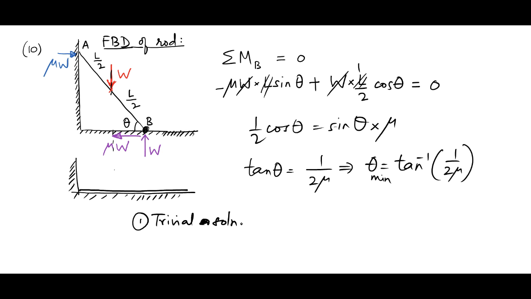In fact, we have assumed that the value of theta which is asked corresponds to a situation where point B is the only point of contact of the ladder, of the rod, with the ground, and similarly point A is the unique point of contact of the rod with the wall. There are only 2 points of contact between the rod and the floor and the wall.